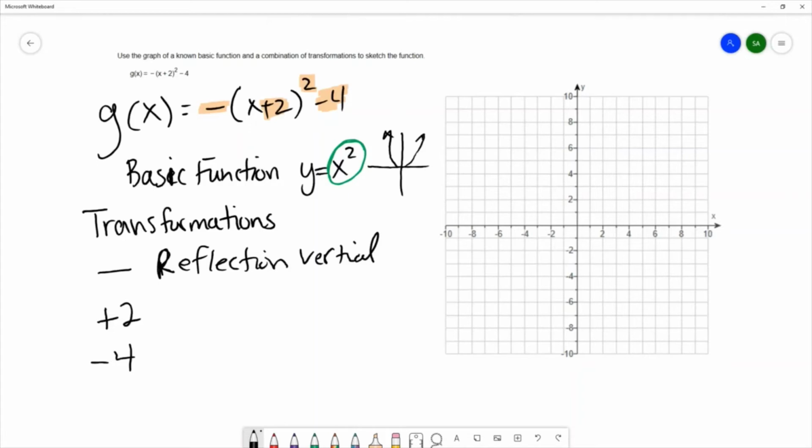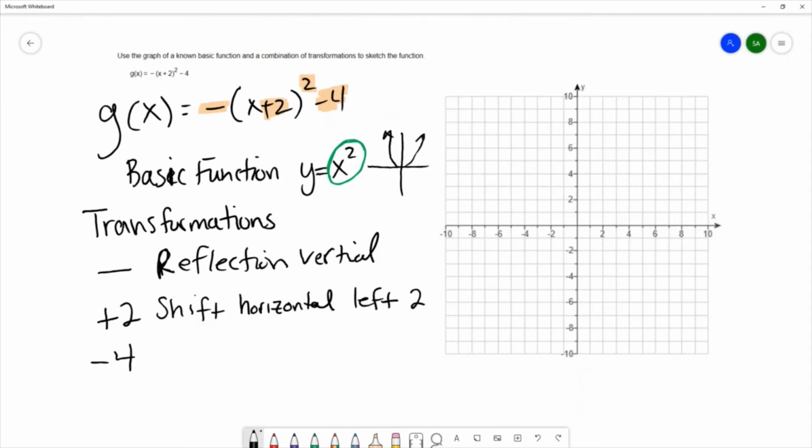The +2, plus is adding or subtracting, meaning that this is a shift. The +2 is on the inside of the base, making it a horizontal shift. And because it's plus, we're going to shift to the left 2 units.